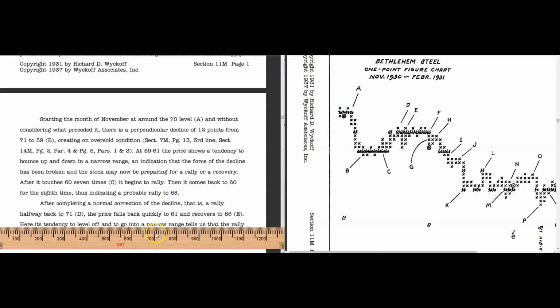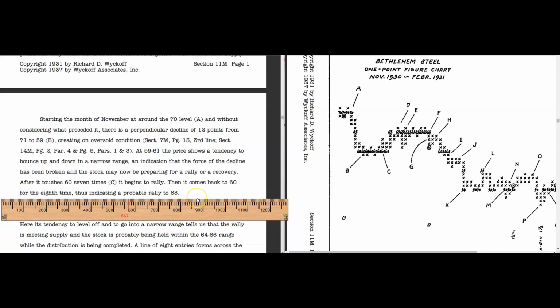So what does that mean? It means that the pullback after this rally down can go up potentially 8 points from C to about D. So if you count that, it's from 60 to around 68.